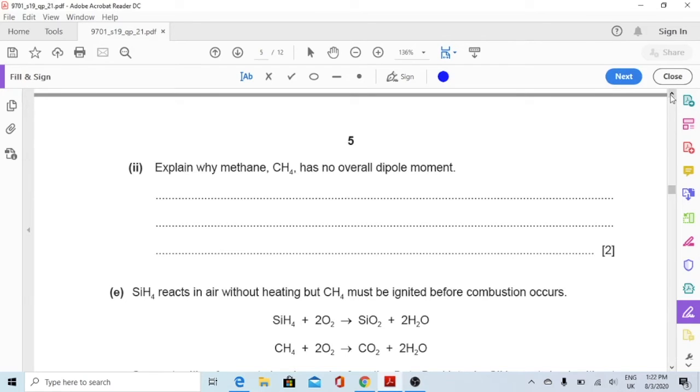Explain why methane CH4 has no overall dipole moment. Since CH4 has a tetrahedral shape, which leads to partial charges on C–H getting cancelled.